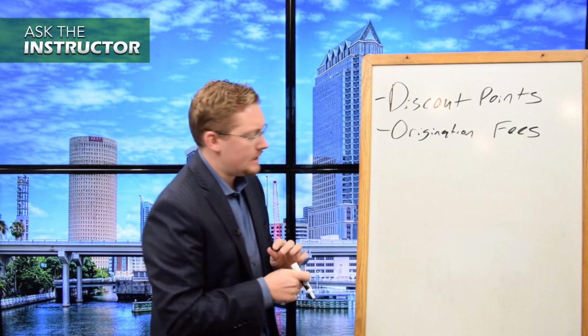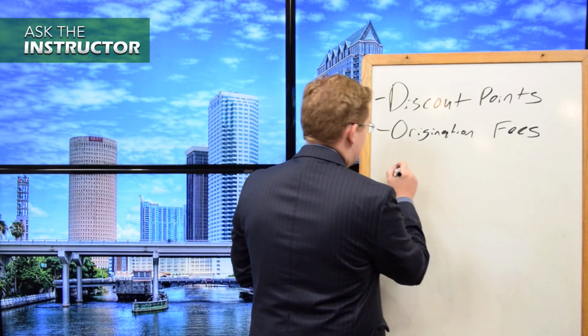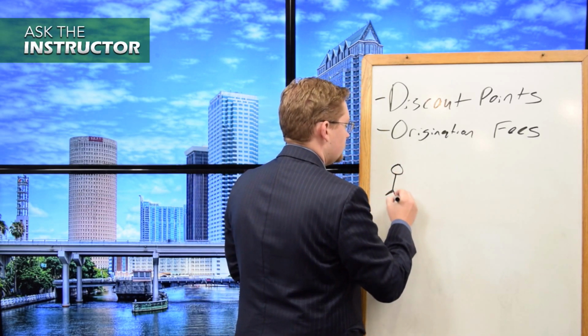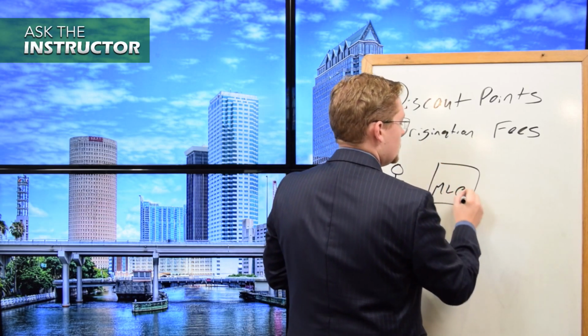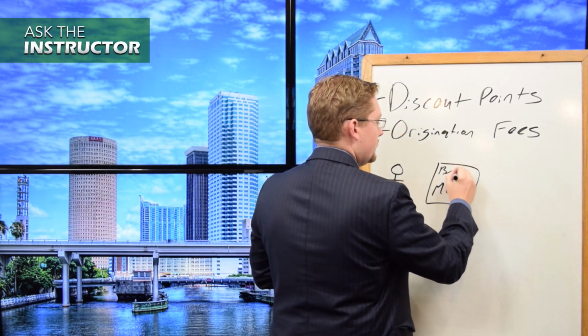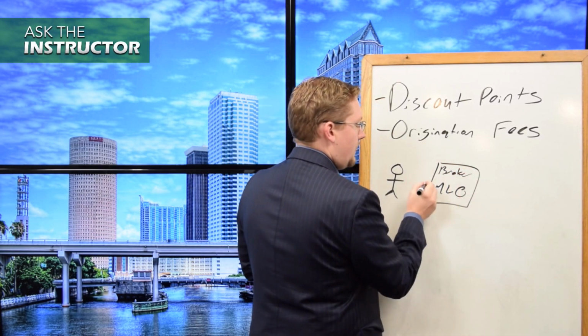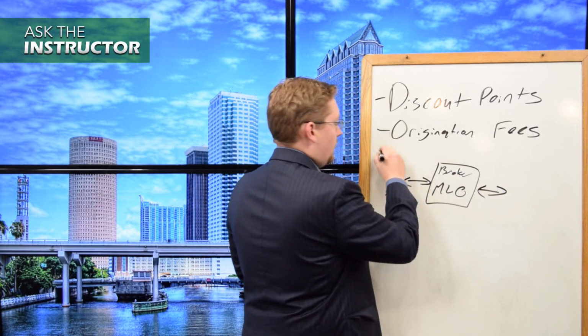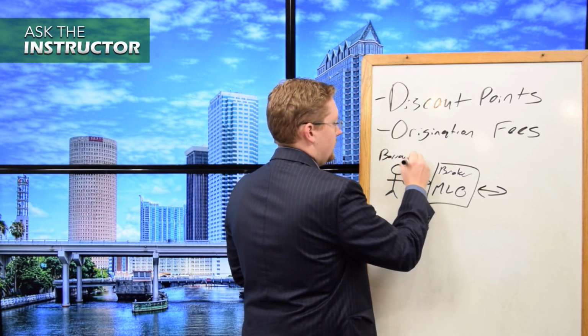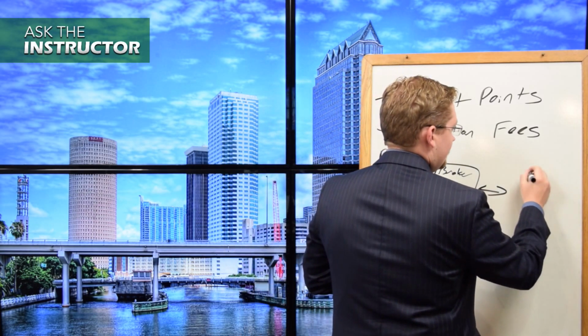So usually when you're taking out some sort of loan, or your client's taking out a loan, we have the borrower, we have the mortgage loan originator, the MLO, and the mortgage broker. But they're just the middleman between the borrower and the lender.